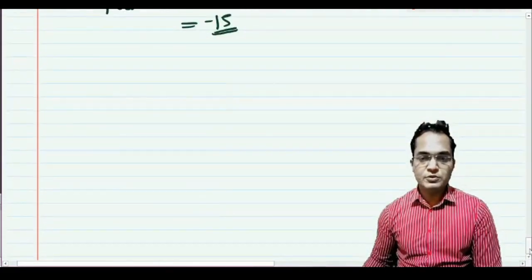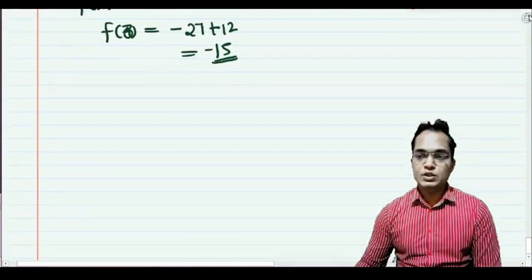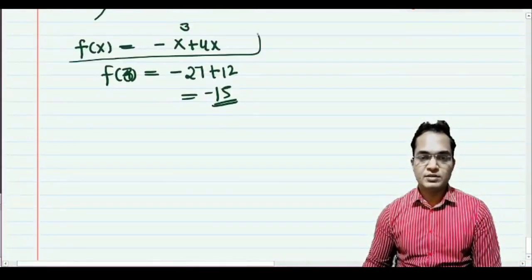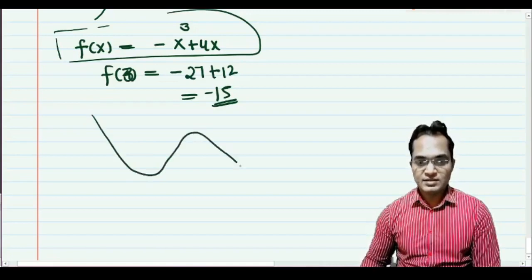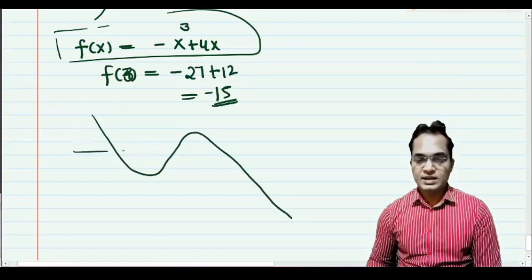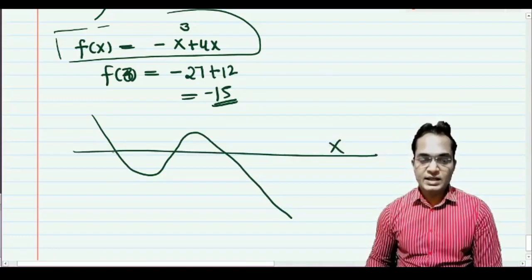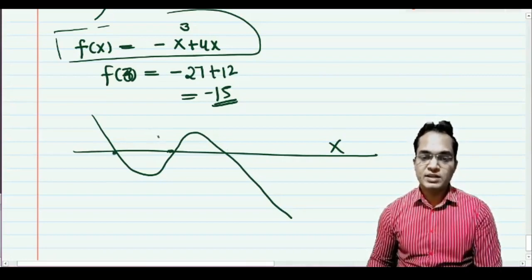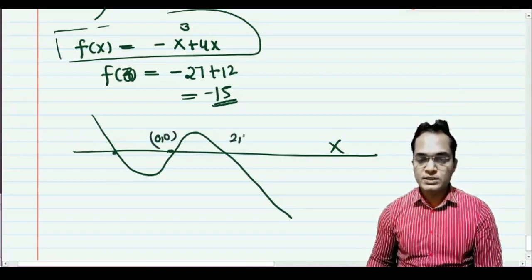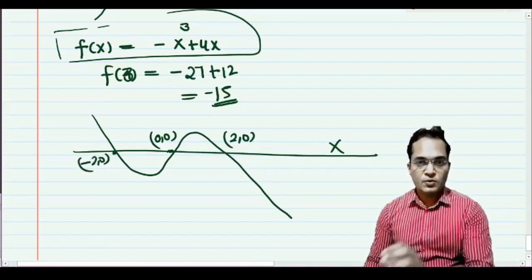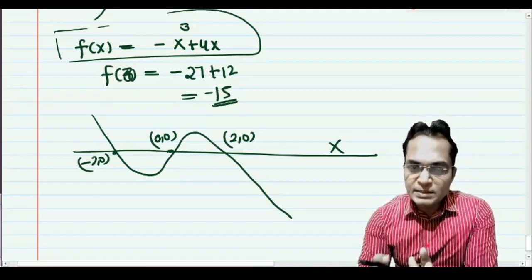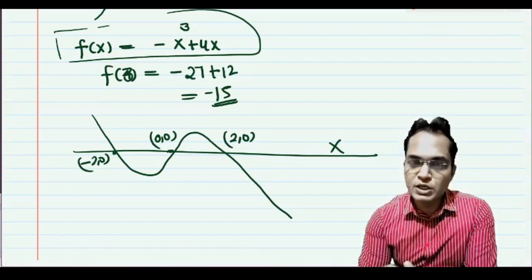Means if I want to draw the graph of this cubic equation, then what is the nature of the graph? The nature of the graph is just reversed, like this. Here is the x-axis, and there will be 3 points, and the points are similar because the roots are similar. It is (0, 0), it is (2, 0), and it is (minus 2, 0).